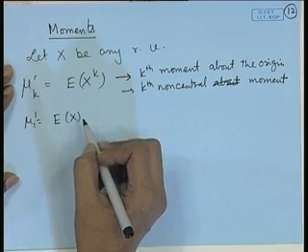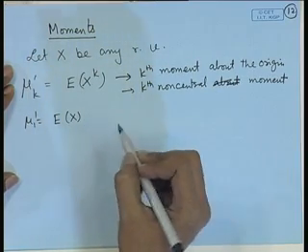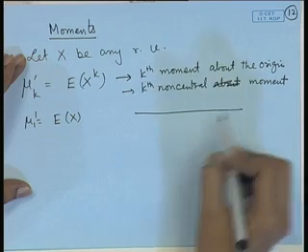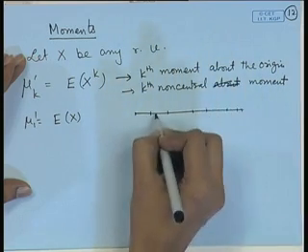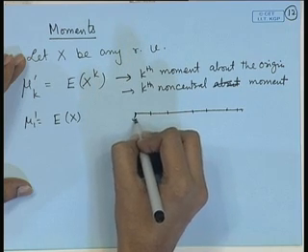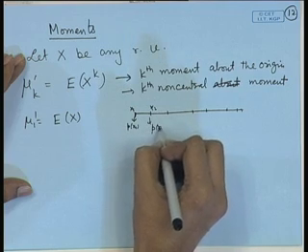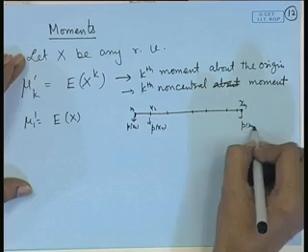If I consider k equal to 2, k equal to 3, etc., basically we are able to define higher order non-central moments. So, if you look at the expectation of X, in what way is it a moment? If I consider say a weightless bar with weights attached, at the point x1 we attach the weight p(x1), at x2 the weight p(x2), at the point xn the weight p(xn).